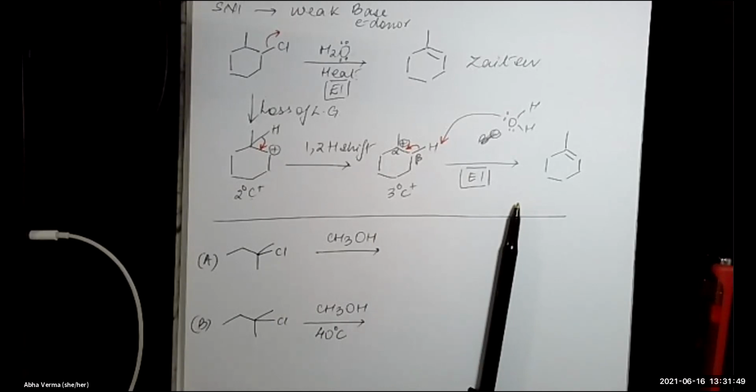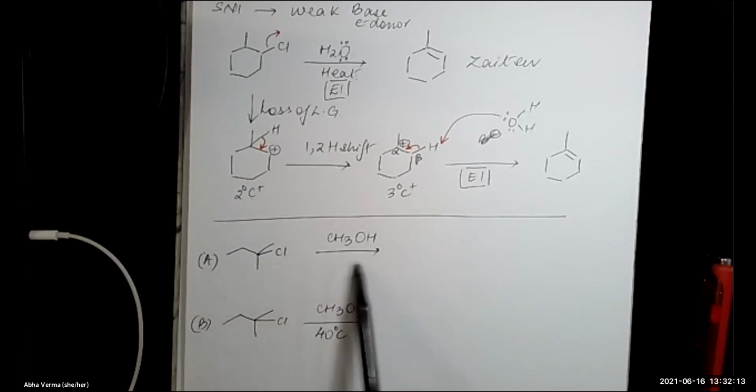Let's do a poll for that. Please go ahead and copy both of these reactions. I'm only going to focus on A. That's the one that all of you should have copied. Has everybody copied this question?